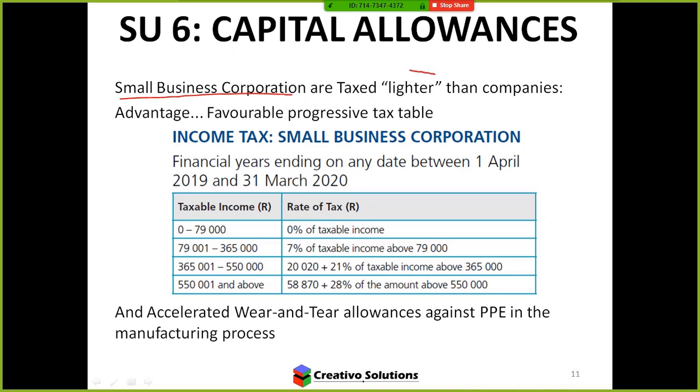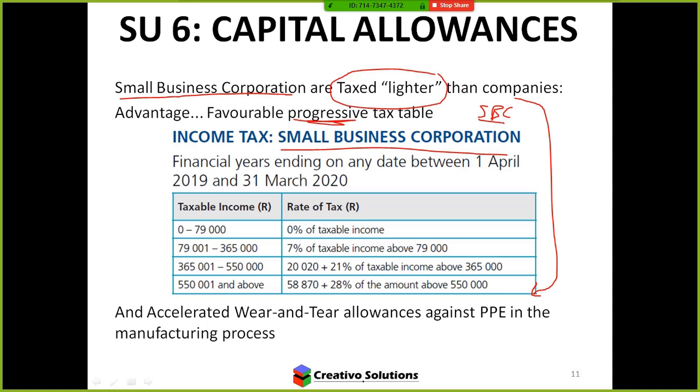I've just put a note here regarding the SBC. It's even taxed lighter, inverted commas, because of the sliding scale. This we spoke about previously. This is a progressive system. The more I earn, the more I pay. Who does this apply to? It applies to an SBC, small business corporation.